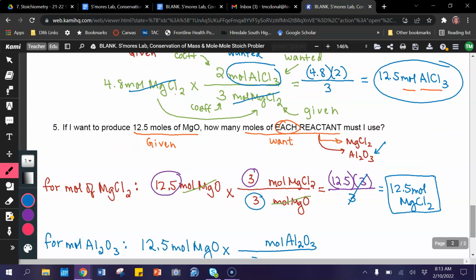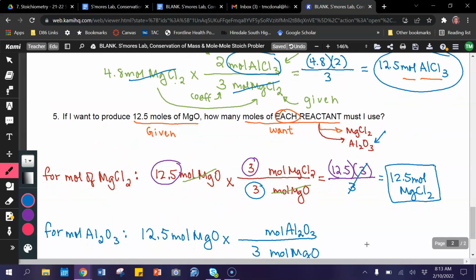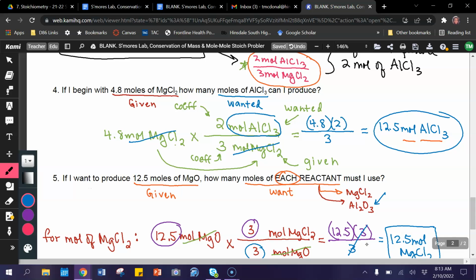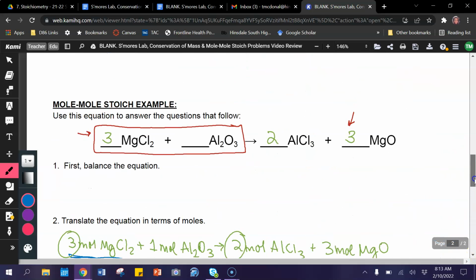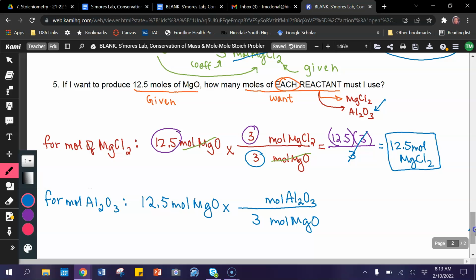And if I look up at my equation, I have no coefficient in front of aluminum oxide, so that would be a 1. So that's 1 mole of aluminum oxide. Let's do our calculations.